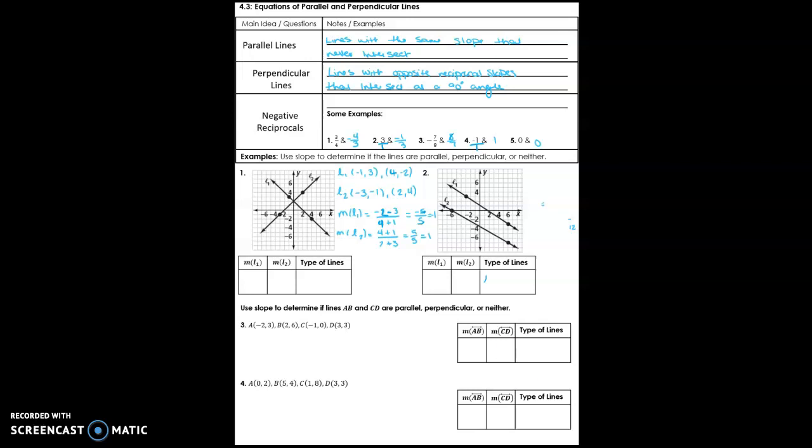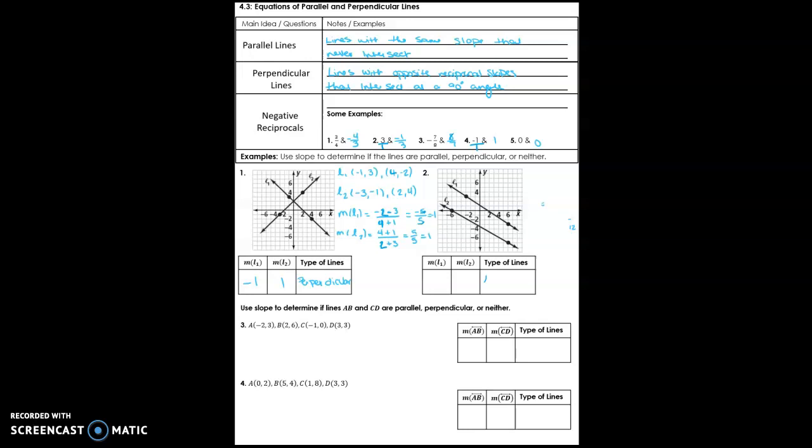And then I have 2 minus -3, and that is the same as 2 plus 3. So when I simplify that further, I get 5/5, which is just 1. And so now I can fill in my little table underneath here, and I have the slope of L1 is -1, the slope of L2 is just 1, and so these are opposite reciprocal slopes. So we have perpendicular lines. Okay?